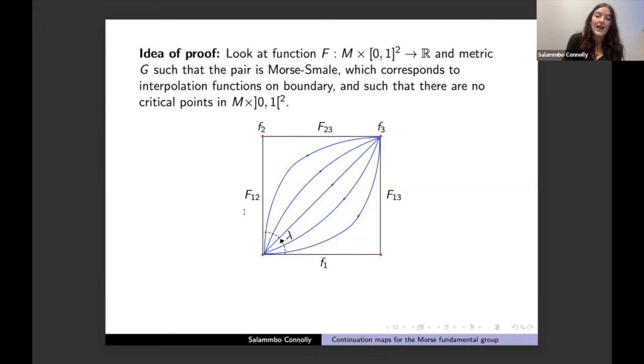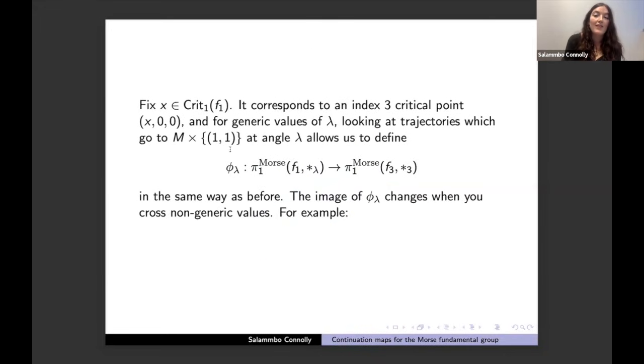For generic values of lambda, the restriction to this angle is going to be Morse-Smale, and so you can define a morphism from the Morse fundamental group of F1 to the Morse fundamental group of F3, in the same way as before. The image of that morphism as lambda goes from 0 to pi over 2 is only going to change when you cross non-generic values. And so several things can happen.